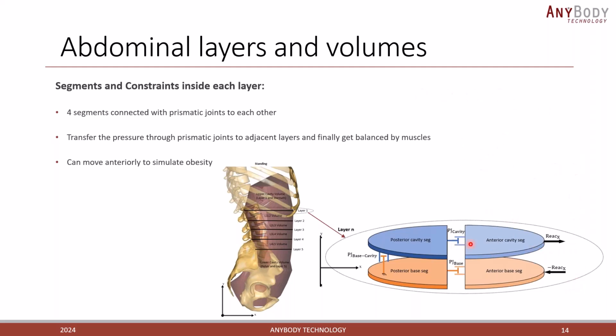You can see here that with these prismatic joints, the anterior part can move and simulate obesity when we have them moved anteriorly in all the layers. So this is just in one layer.